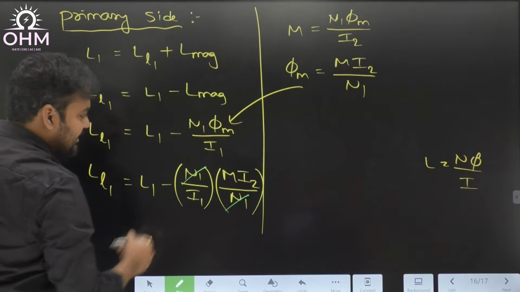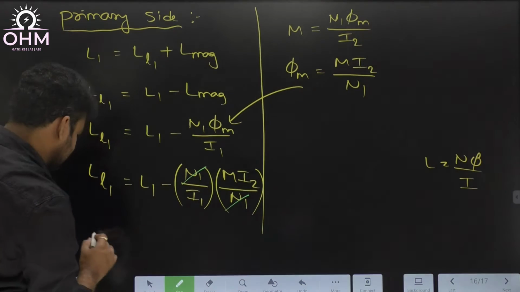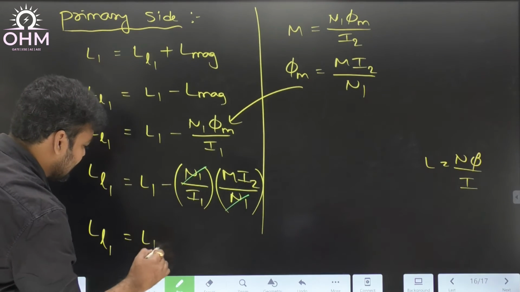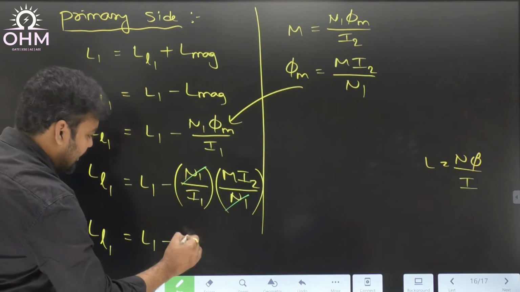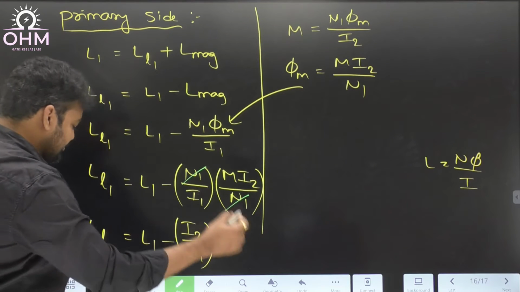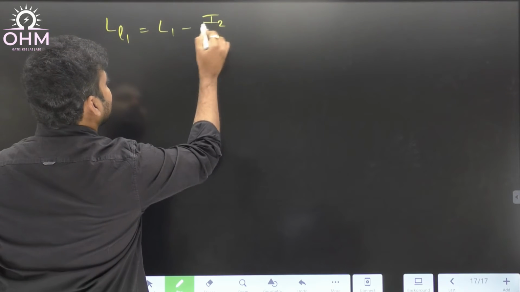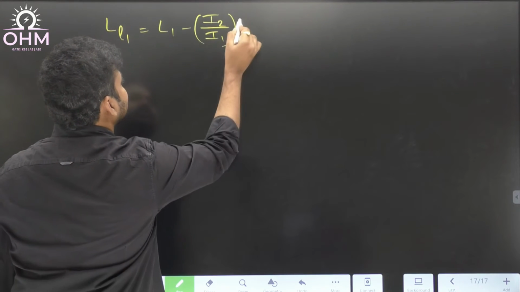N1 will cancel. Then what is the final formula? Yes, the leakage inductance is equal to L1 minus I2 by I1 times M. If I go to the next page, the leakage inductance is L1 minus I2 by I1 times M.